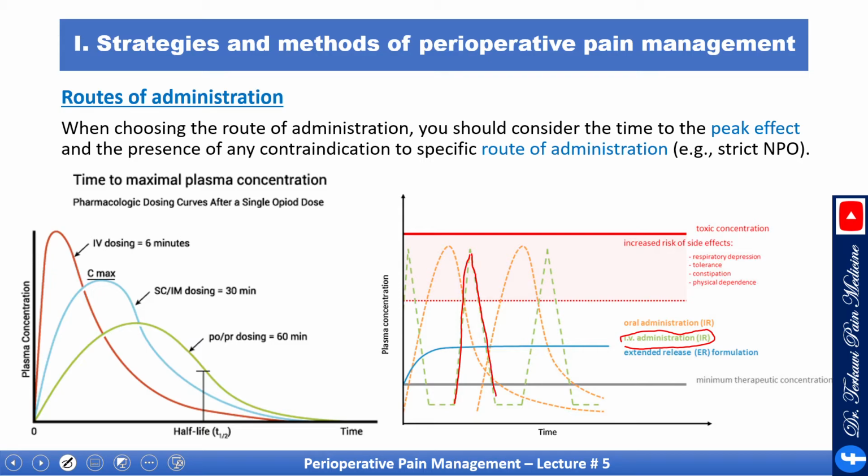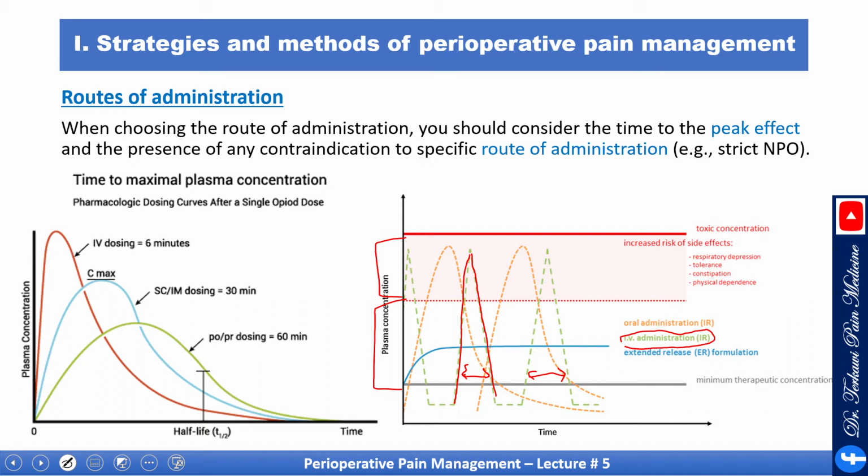So if you think about this as the therapeutic range, and this as the toxic range, where you get side effects like respiratory depression, etc. So the duration the IV lasts as therapeutic is shorter than the duration of the oral.